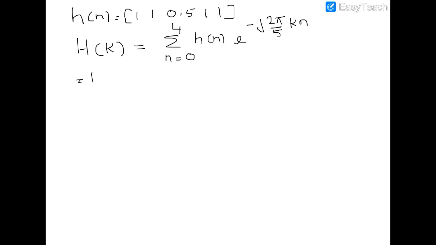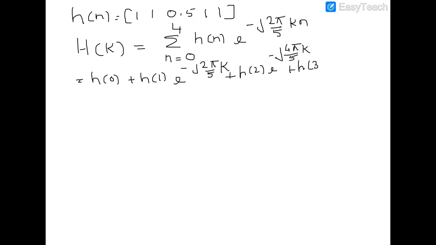This gives h of 0, plus h of 1 e to the power minus j 2 pi by 5 k, plus h of 2 e to the power minus j 4 pi by 5 k, plus h of 3 e to the power minus j 6 pi by 5 k, then h of 4 e to the power minus j 8 pi by 5 k.